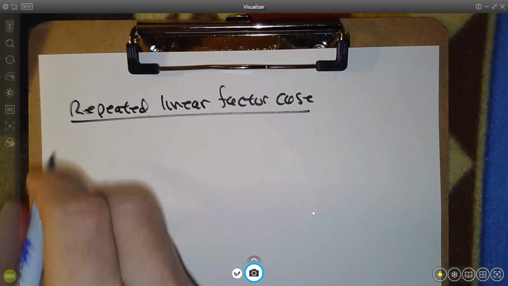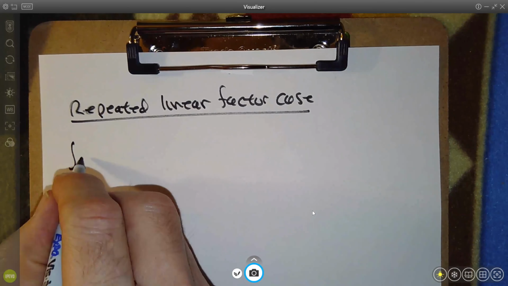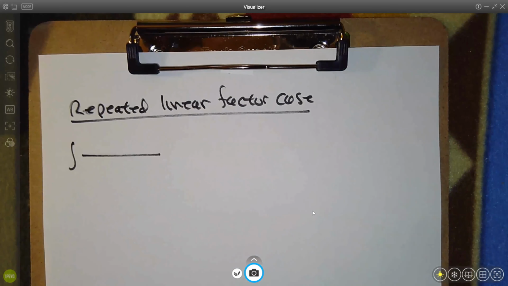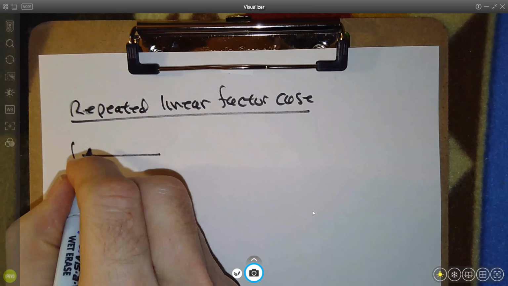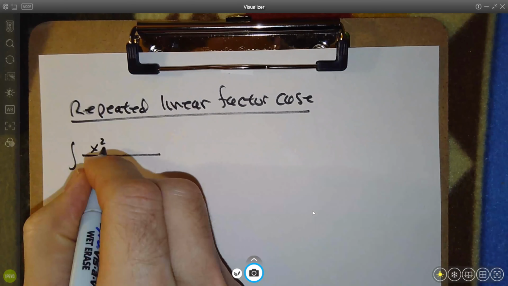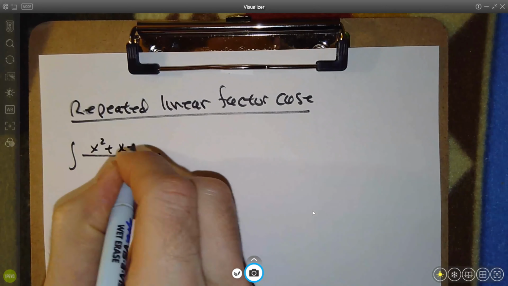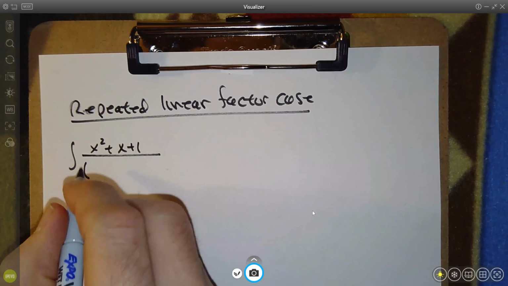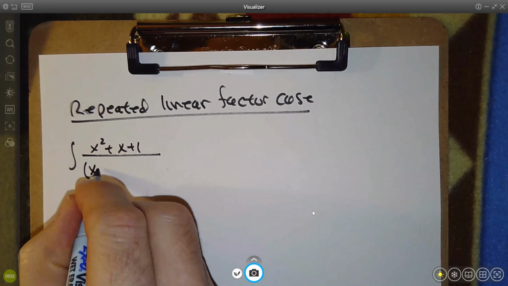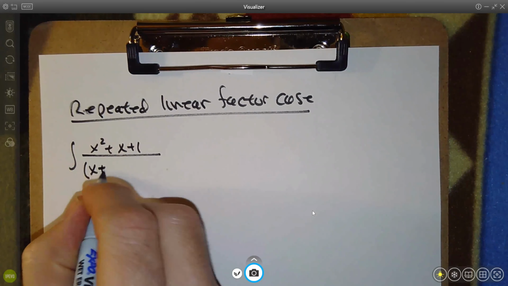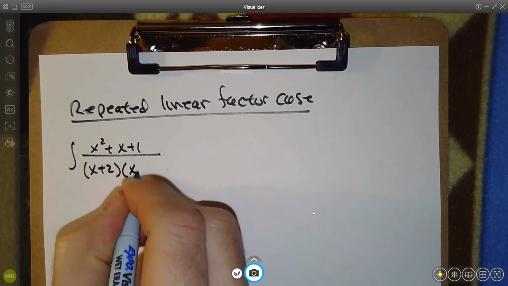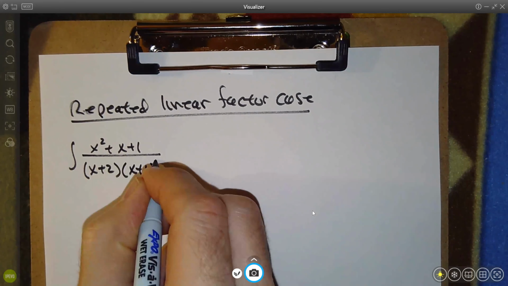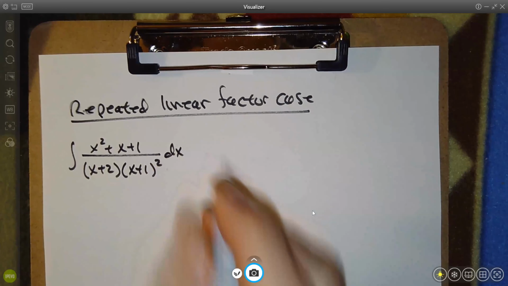Let's look at an integral a little bit closer to the monster that I had to start this video. And we'll write x plus 1, we'll do x plus 2 and then x plus 1 squared dx.